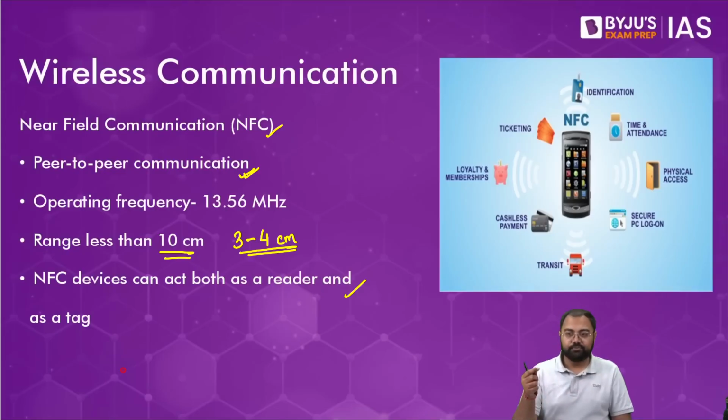Similarly, if you have used metro cards, or even in offices, the identity cards that are used, you just swipe it against the door or against the machine, and you see that the things are done, the information is exchanged. In all these cases near field communication works.